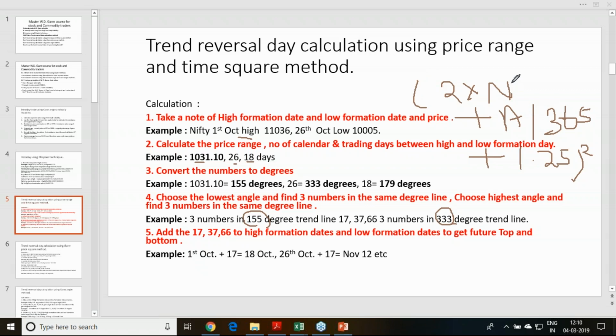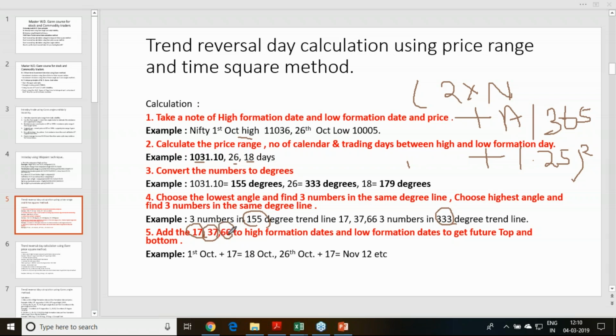So A is angle, N is a natural number starting from 0. Here we are using N as 1 and getting a number 17, with angle as 155. With angle as 155 and N as 2 we get another number, and with N as 3, angle as 155, we get 66.